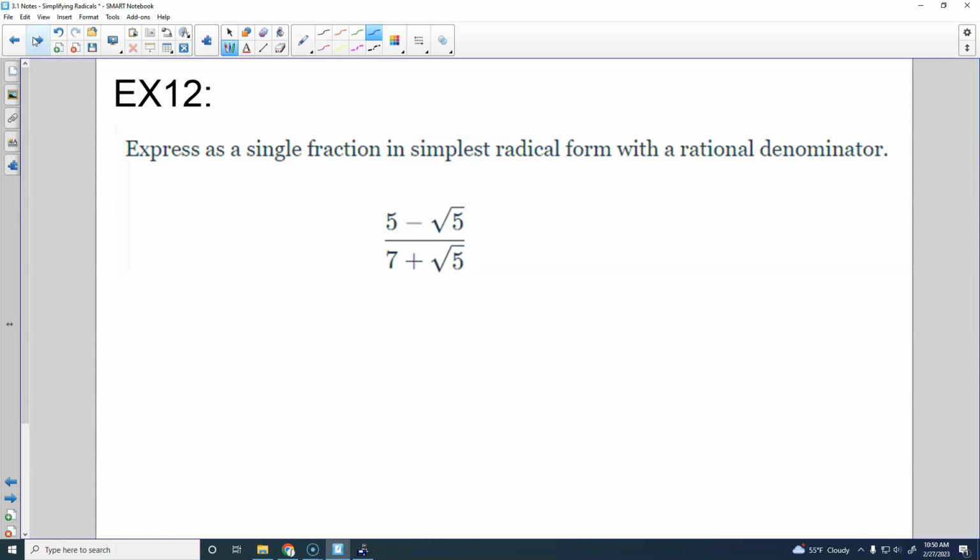All right, here's another one. Same instructions. This will be our last one.